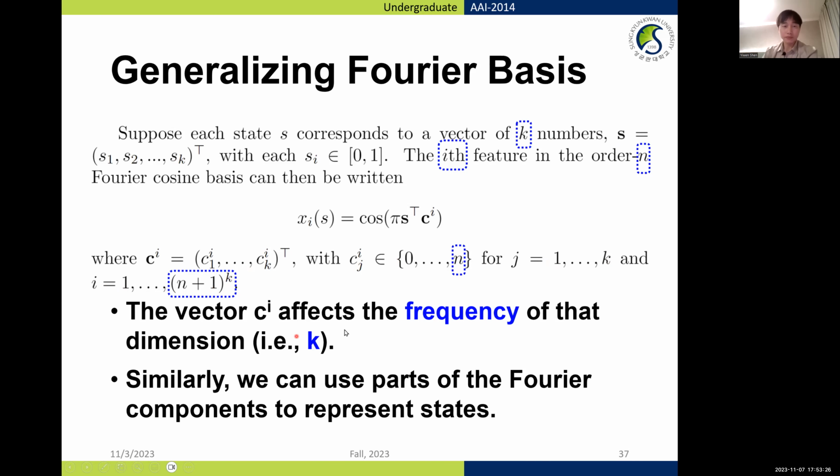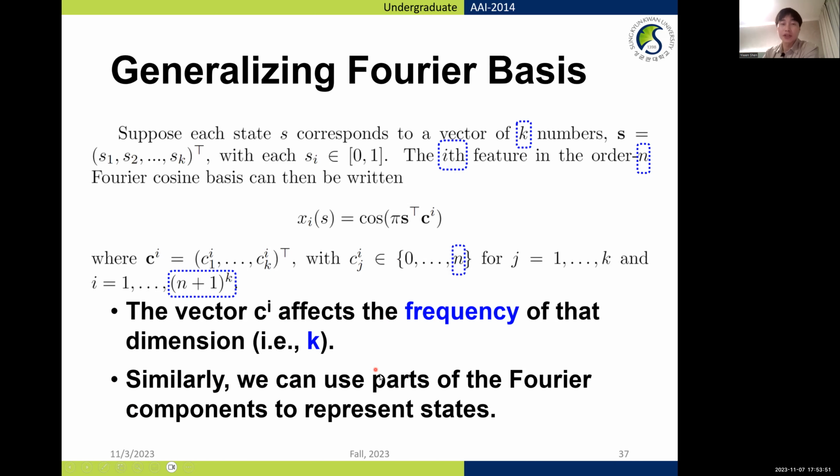So this vector c_i affects the frequency of that dimension. With different orders, for example from 0 to 5, a particular component of this cosine will have a higher frequency. If it's 0 or 1, it will have a lower frequency.